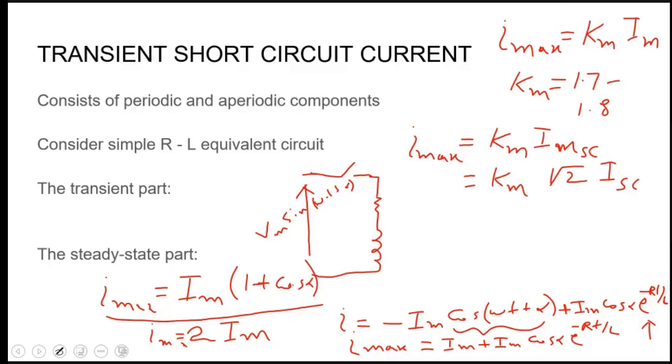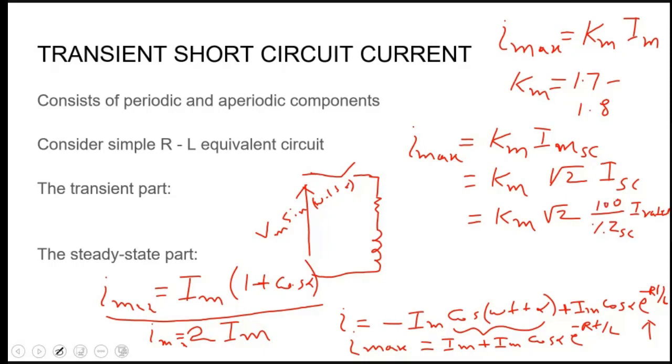Now, this can be further written as Km into root 2 into 1 by ZSC, or 100 by percentage ZSC, where ZSC is the short circuit impedance, into the rated current. Here we are relating rated current to short circuit current.